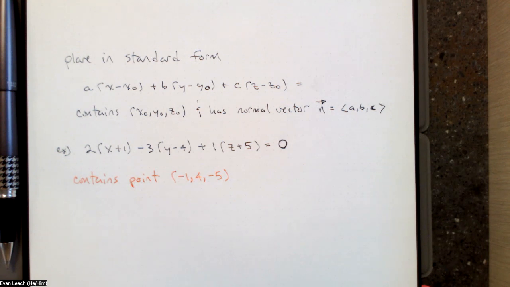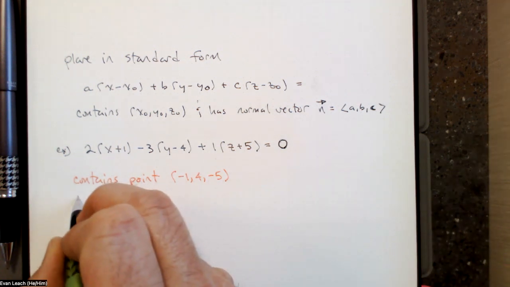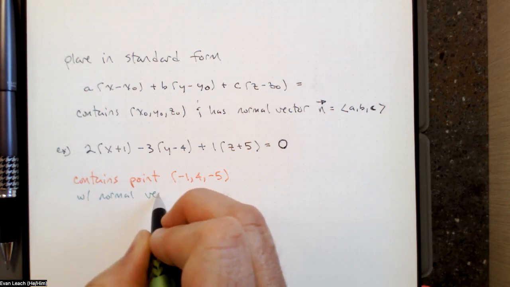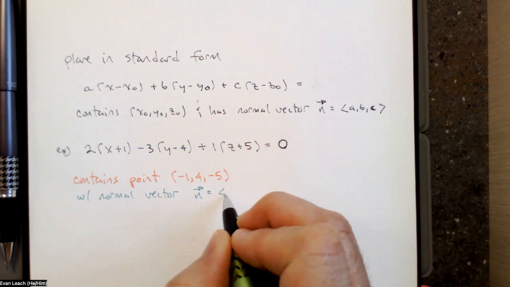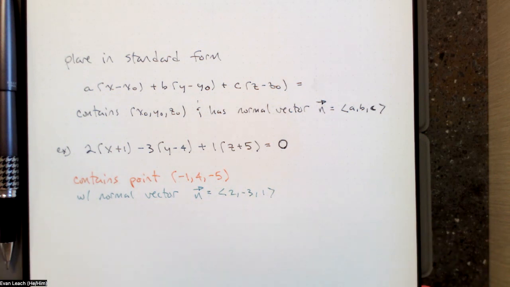So this plane contains the point -1, 4, -5, and we have a normal vector. This is the description of what's going on in the plane.